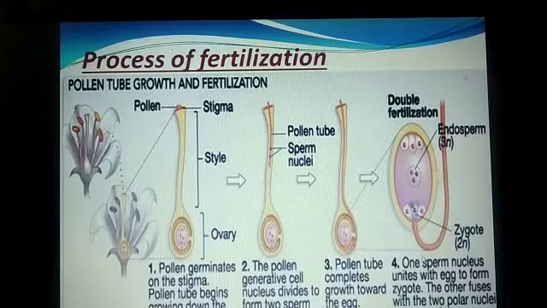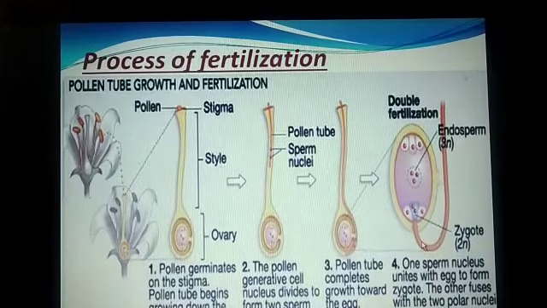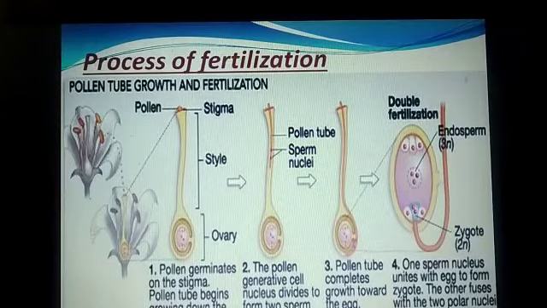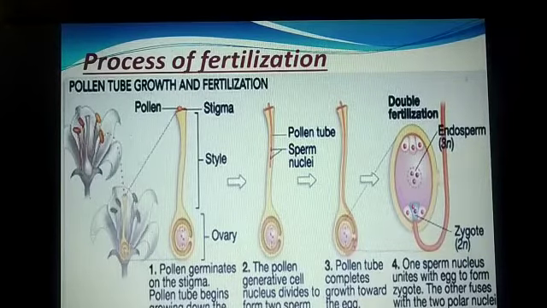Okay, and after that one male gamete fuses with the egg cell and one male gamete fuses with the polar nuclei. The male gamete that fuses with the egg cell forms the zygote, and the male gamete that fuses with the polar nuclei forms the triploid endosperm.